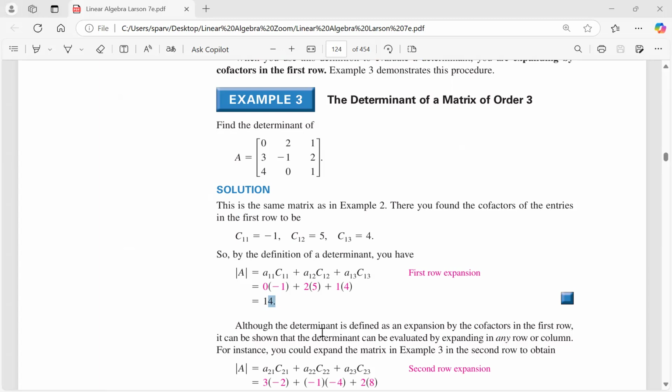Now, choose any row, any column other than the first row. This is your call. Just call a row or a column that you like. Your choices are row 2, 3. Your choices are column 1, 2, 3. Which one would you like to go with?